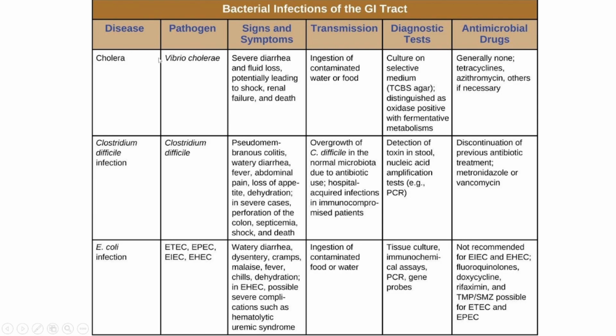As you can see, this is the disease, and then you will come to know which pathogen causes which disease, and what are the signs and symptoms, mode of transmission, diagnostic test, and the antimicrobial drugs also. And at point number 3, you can see there is Clostridium difficile infection. The pathogen which causes this disease is Clostridium difficile, and the signs and symptoms include pseudomembranous colitis, watery diarrhea, fever, loss of appetite, dehydration, and then perforation of the colon, septicemia, shock, and death.